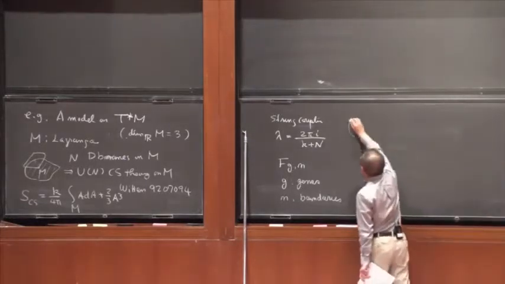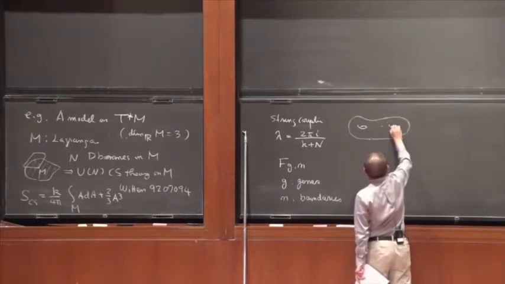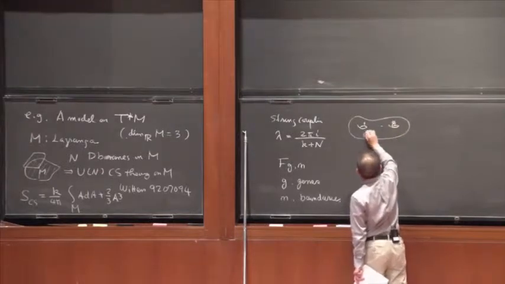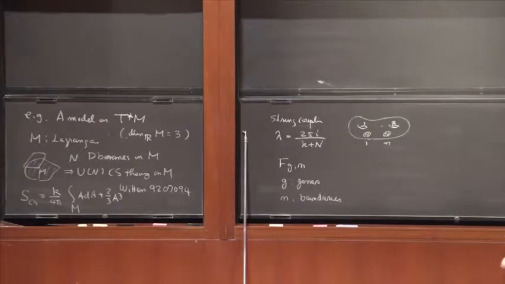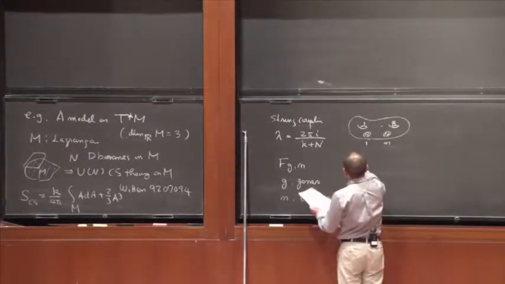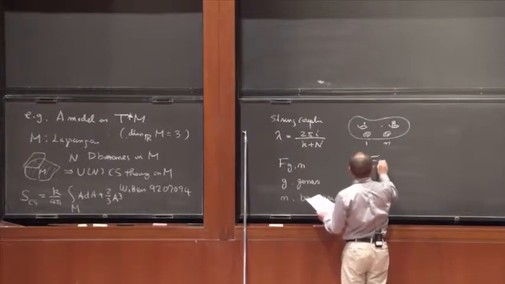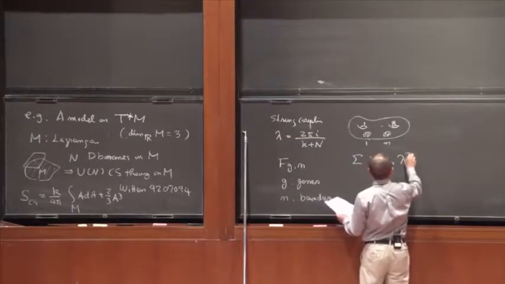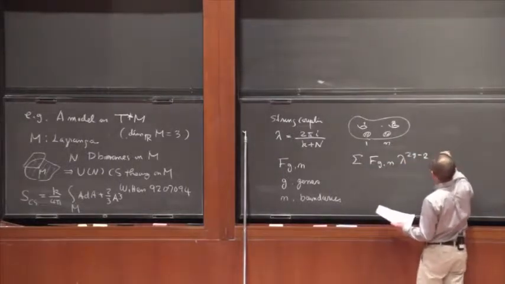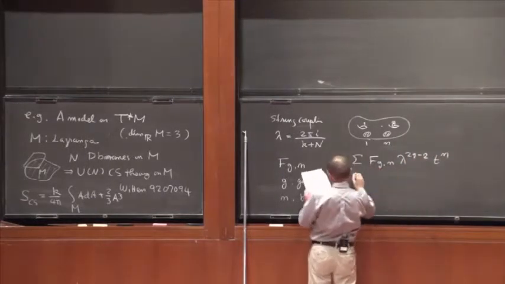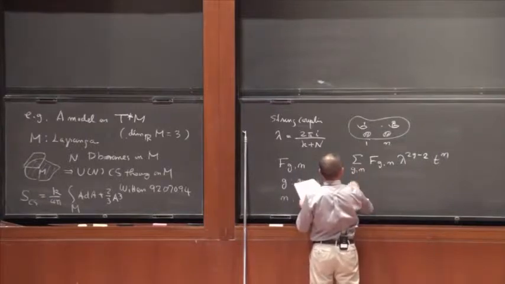So you have a Riemann surface with g handles and n boundaries, which is denoted by F_{g,n}. And then you can sum F_{g,n} times lambda to the 2g minus 2, and then you have some kind of loop counting parameter, which I denote by t. And then you sum over g and n.